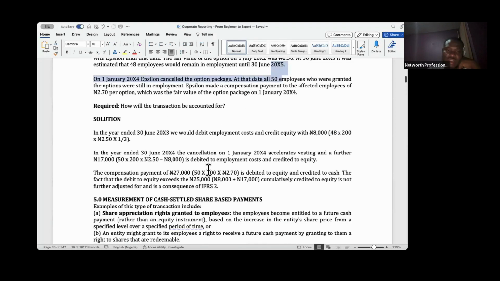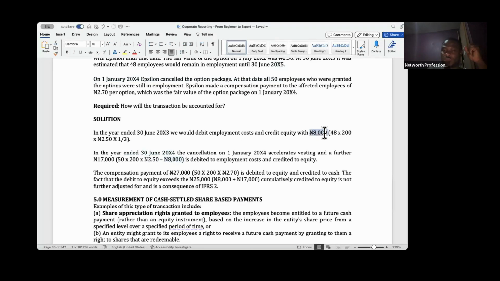Surprisingly, all the 50 were still there. So what is remaining is we'll base our valuation on 50 multiplied by 200 options times the fair value of the option at the grant date. That will give me the entire value of that option at the end of 2004. Out of that value, I've recognized 8,000 in year 1.